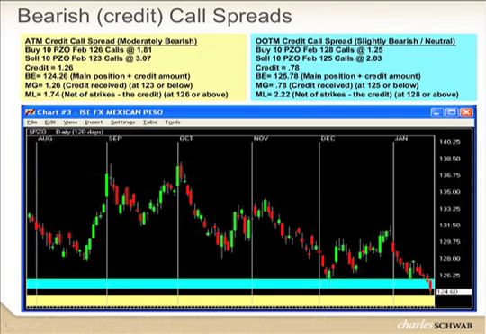What about my max loss? Well, if my goal is to have both options expire worthless, that means my max loss occurs when both options expire in the money. Where would that occur? Well, of course, that would occur when the index is just above the highest strike, so at 126 or above. Now, I didn't draw 126 in on the chart, but you can see that that's actually at a point that isn't a whole lot higher than where it's at right now.